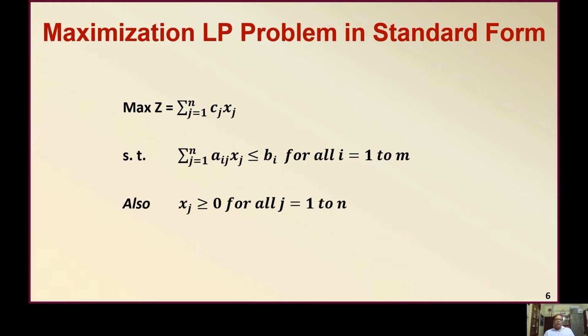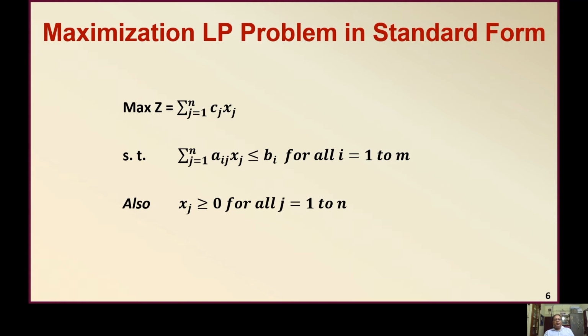Now, having said that, we can have maximization problems and minimization problems. In a standard form, the maximization problem has a maximization objective function, and the constraints are all less than or equal to type, and also obviously the non-negativity constraint.